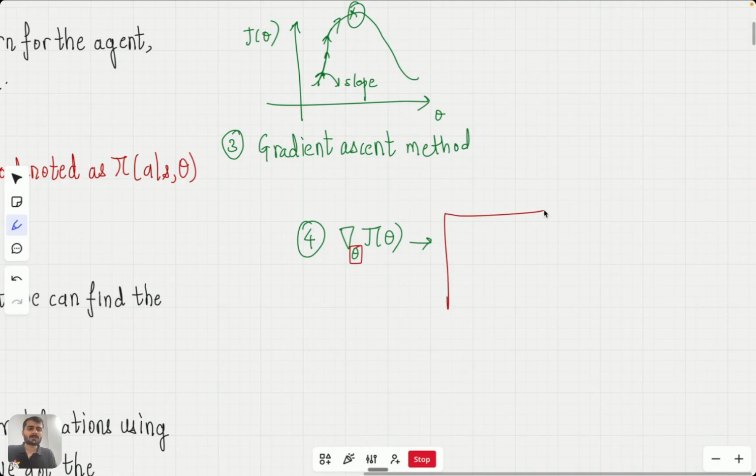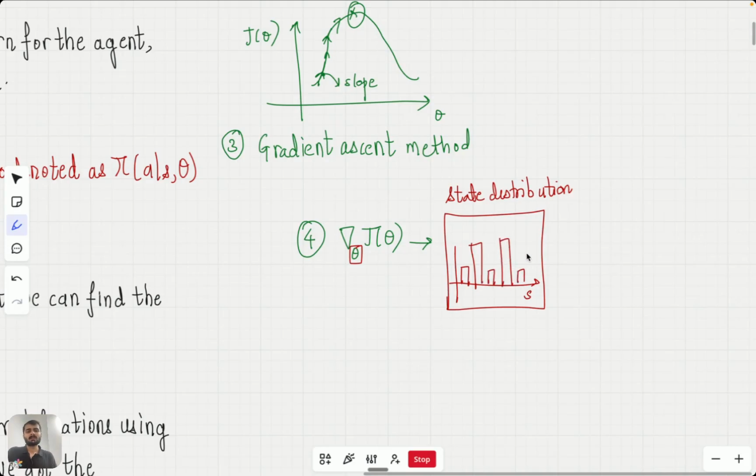A consequence of this is that the state distribution of the agent is going to change. So, this is the state distribution. Let's say these are the states, and on the y axis, I'm counting how frequently these states are visited by the agent. That is affected by the policy.